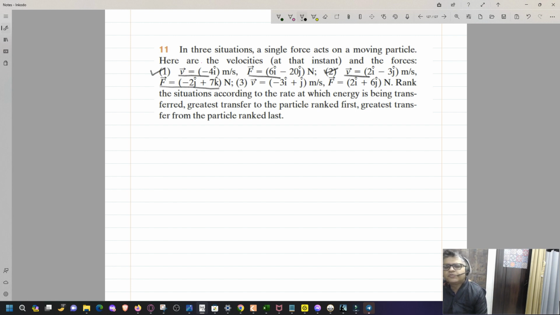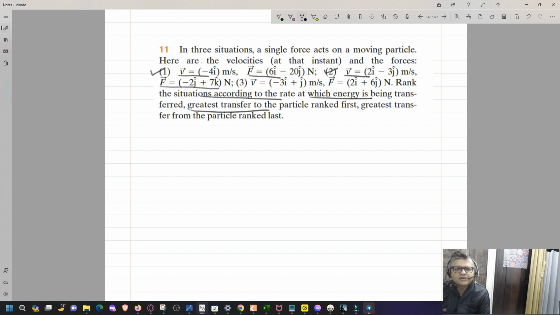The way I look at this question is that it has a lot of emphasis on vectors. There is a velocity vector and a force vector given to me, and there are 3 situations in which force and velocity are interacting with each other. We have to rank the situations according to the rate at which energy is being transferred.